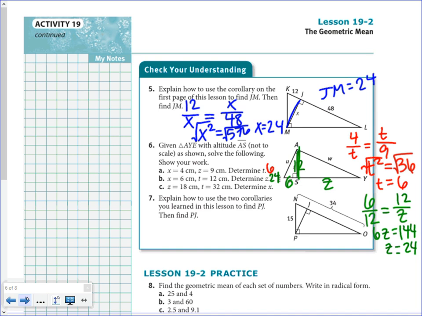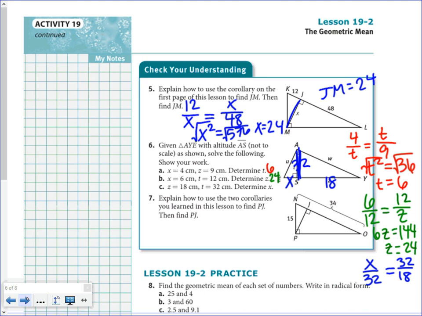Now let's look at one more. Looking at C, they tell us z is 18, t is 32, and we are looking for x. So on this one, again, my altitude is my geometric mean. So I can set up my altitude as the geometric mean, and then x and 18 are the parts of my hypotenuse.